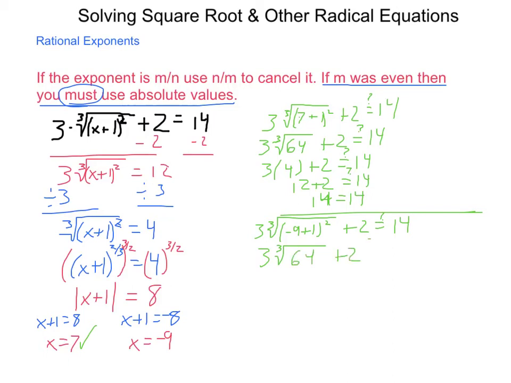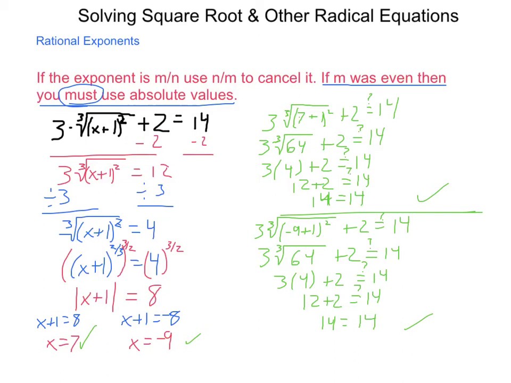Plus 2 is supposed to be equal to 14. This is 3 times 4 plus 2. So I get 12 plus 2. And I end up with 14 equal to 14. So the positive 7 checked out and the negative 9 checked out. Both are valid answers. So I come up with x equals 7 or x equals negative 9.